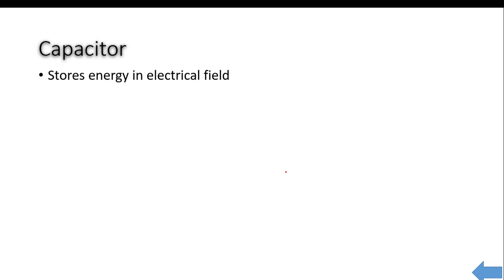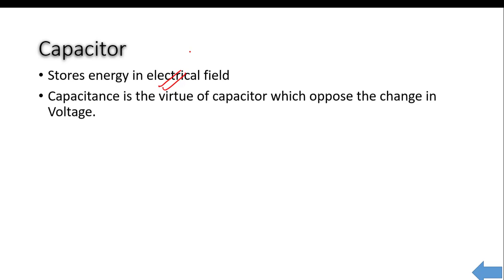Capacitor. A capacitor stores energy in an electric field, right? And capacitance is the virtue of a capacitor which opposes the change in voltage, like an inductor is opposing the change in current. Likewise, the voltage across a capacitor will not change instantaneously.